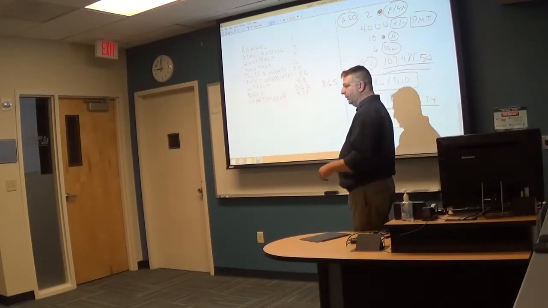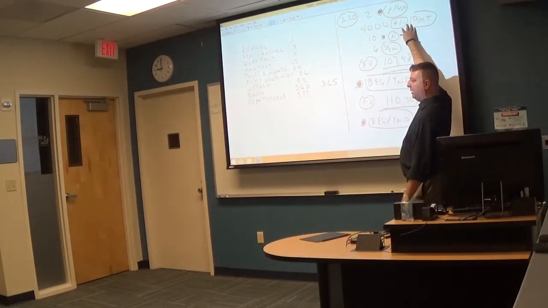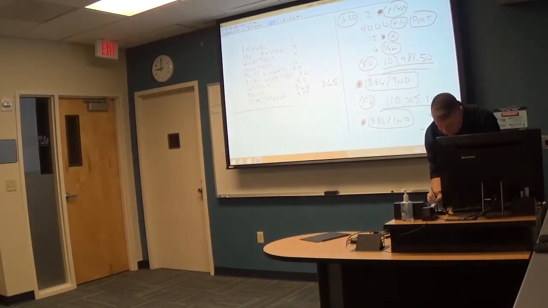What is happening in this particular problem is these payments of $4,000. If we draw a timeline here, this is half a year, 1 year, then a year and a half, 1.5, 2 years.